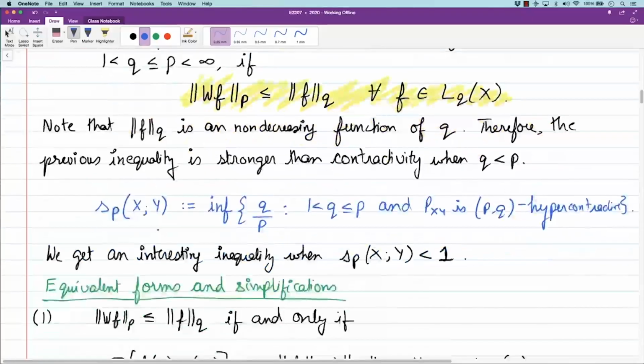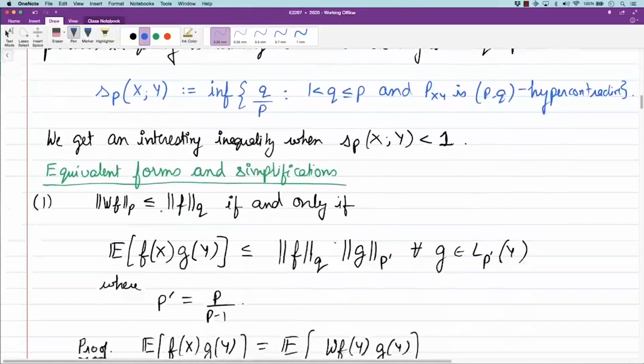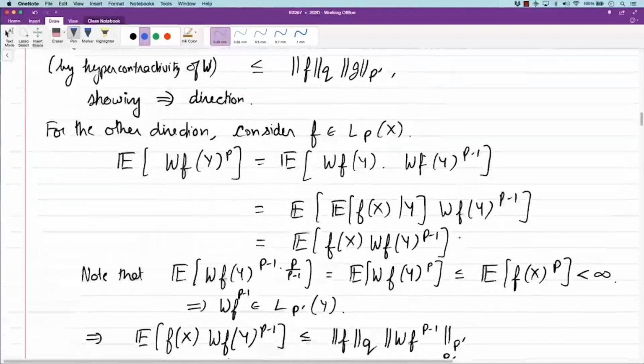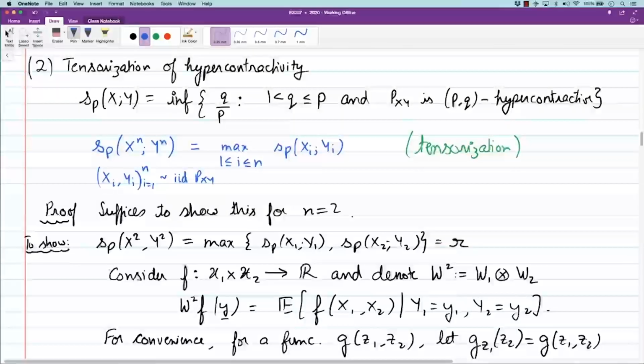And so we defined this quantity s_p(X;Y). Rather than finding what this s_p(X;Y) is for a particular distribution, we have been trying to understand this question itself by expressing various equivalent forms. We saw that there's an inner product form which strengthens Hölder's inequality. Then we saw that this s_p(X;Y) tensorizes.